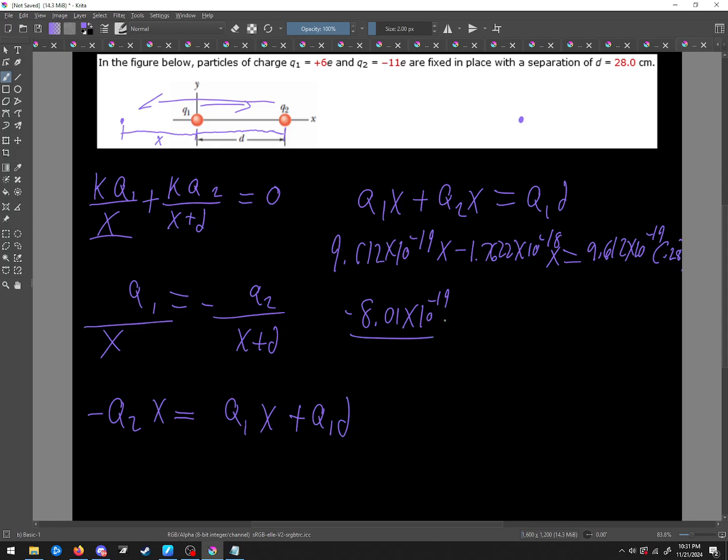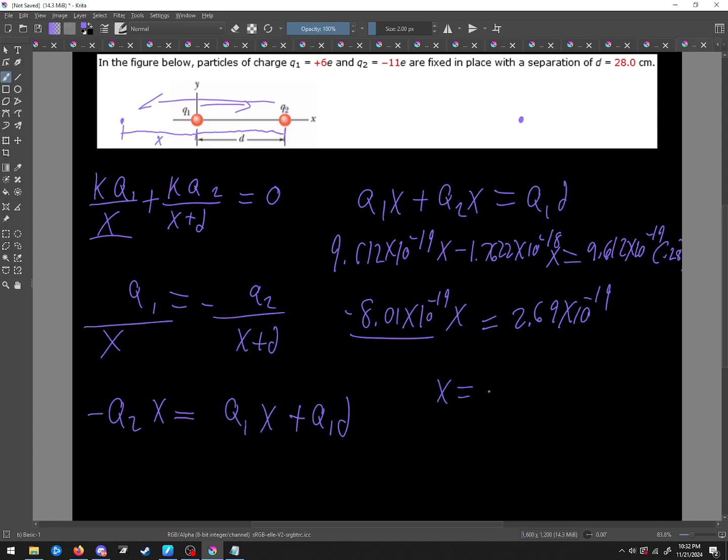Now if we divide this by the 9.61 times 10 to the negative 19, what if we do that times 0.28? So now we've got on this side 2.69 times 10 to the negative 19. We divide this by our 8.01 here.